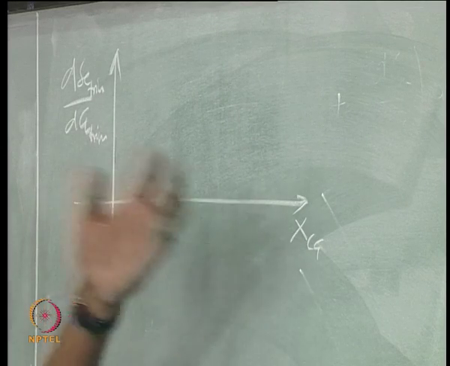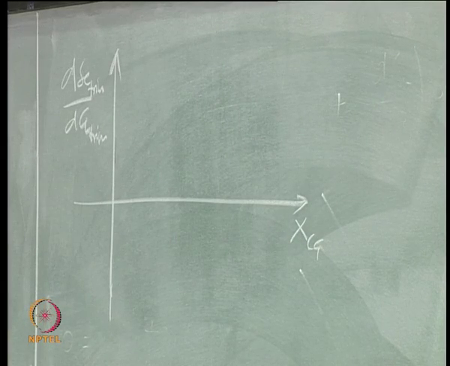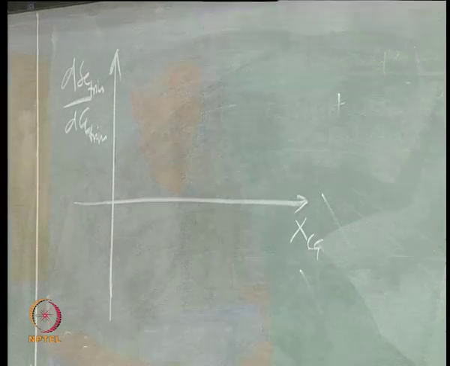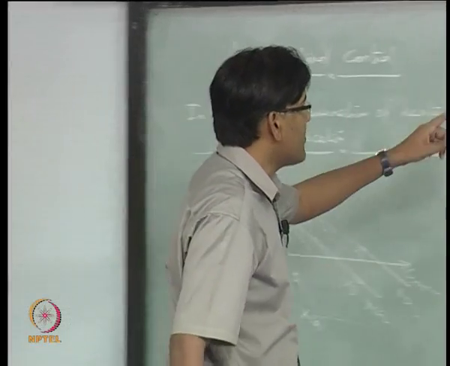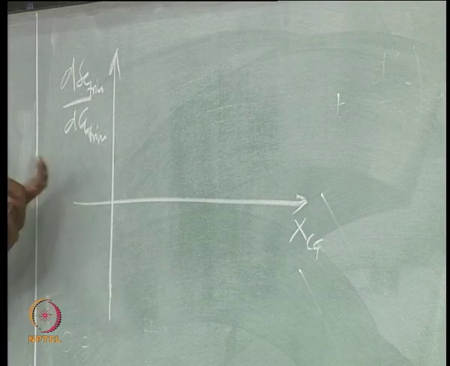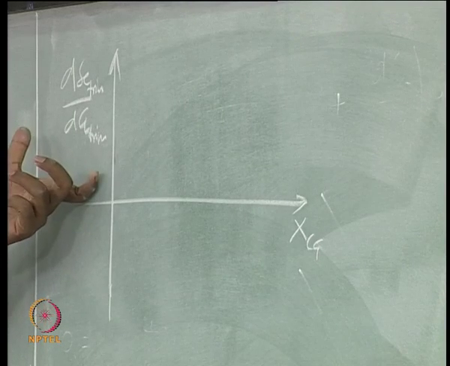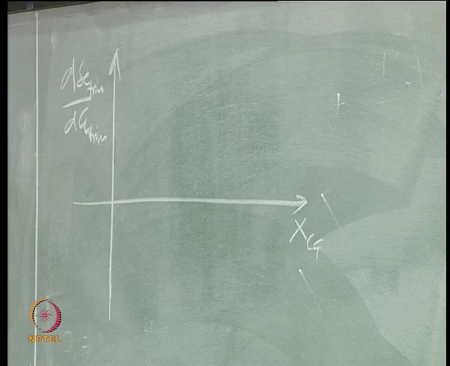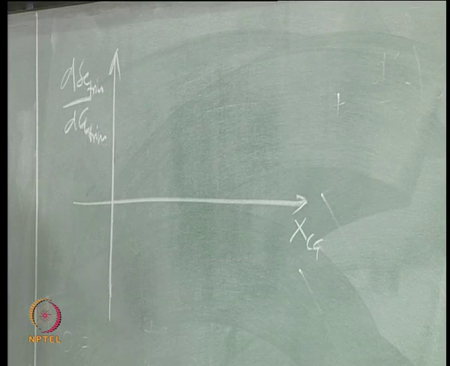Remember I said neutral point location is the location of the center of gravity, right, where Cm alpha becomes 0, is not it, and Cm alpha becoming 0 also means this slope going to 0, right. If I have the knowledge of how this is going to change with CG location, then I can find out where the neutral point is.